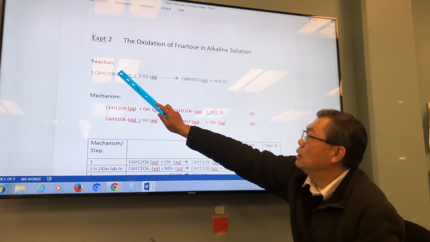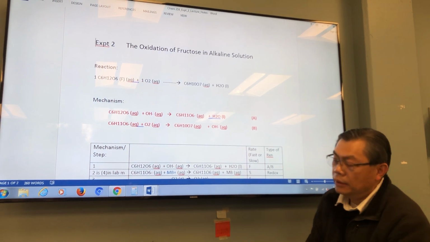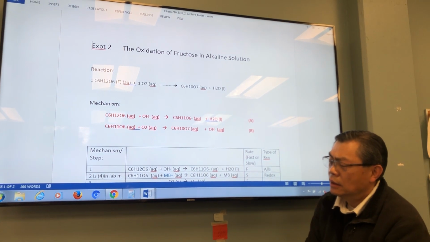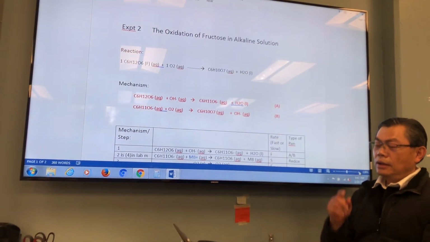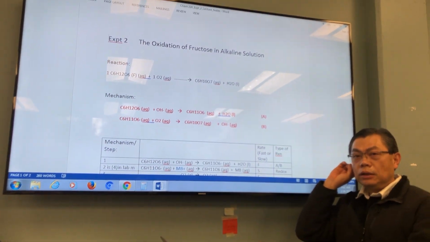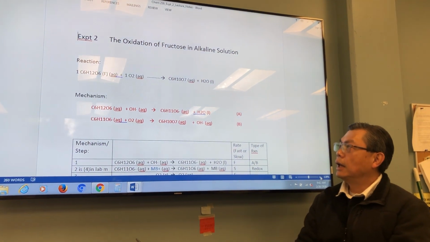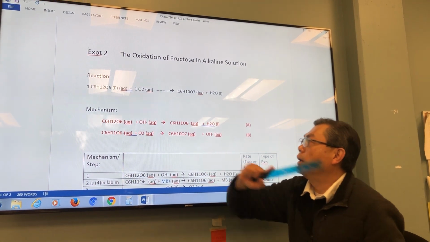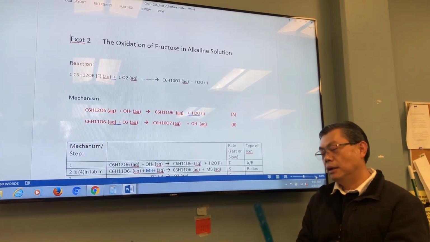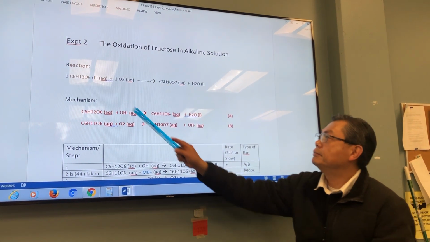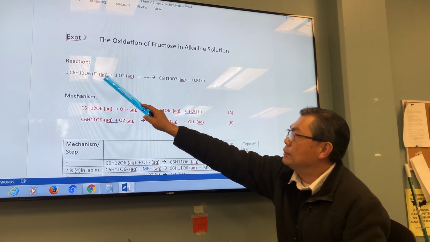So the reaction is fructose. That's the formula, C6H12O6. The structure is in the lab manual, I believe. A little bit complicated. We are not too interested in the structure yet. For me, I just abbreviate it as F. F stands for fructose, in aqueous, in water, of course.